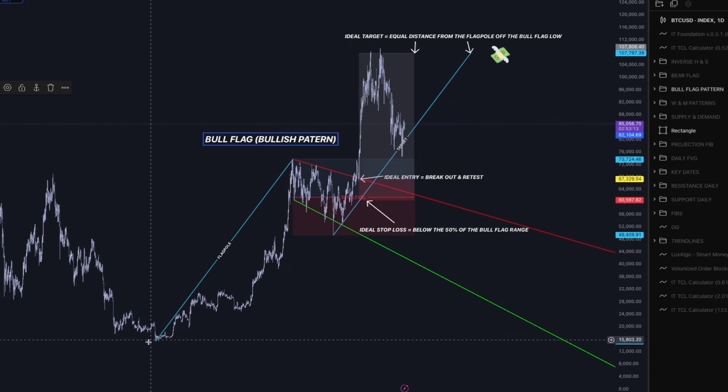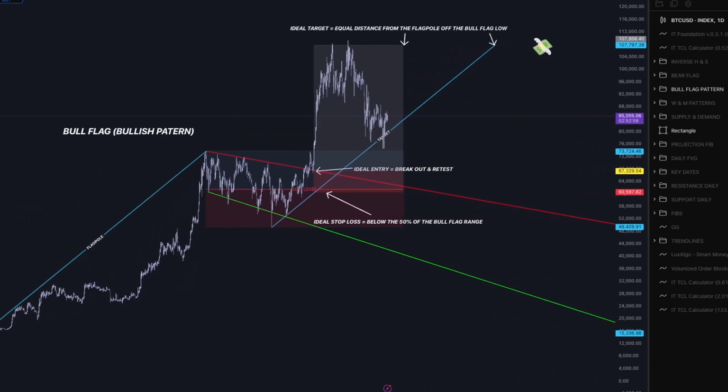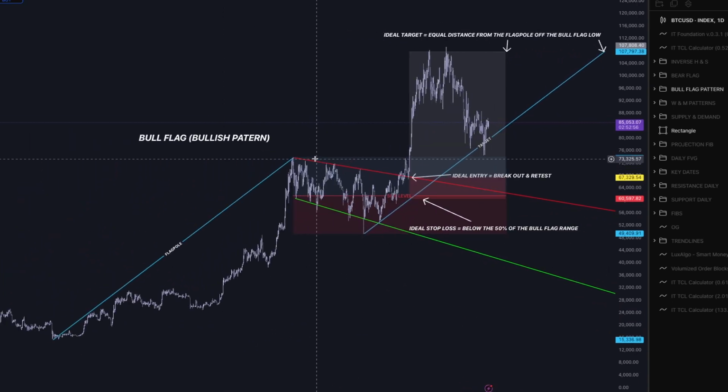Out of a low, generally on a macro time frame, you want to be looking for this flagpole, and then you're going to see a downward price action, like a descending channel of some kind, where the highs continue to get lower, and the lows also continue to get lower. So we're putting in lower high, lower low, lower high, lower low, lower high, lower low.